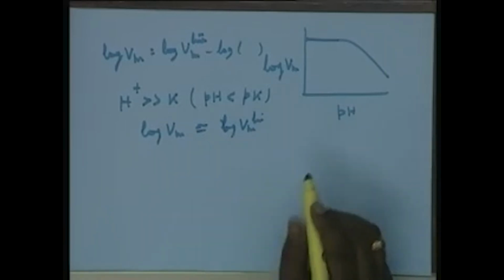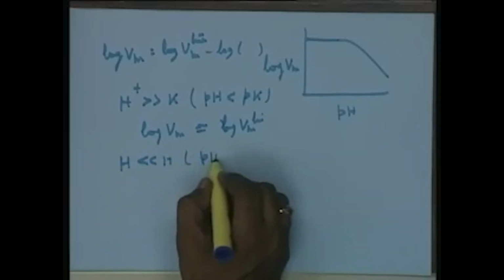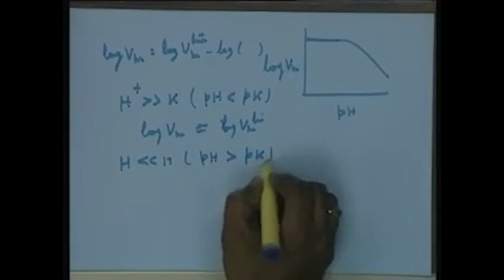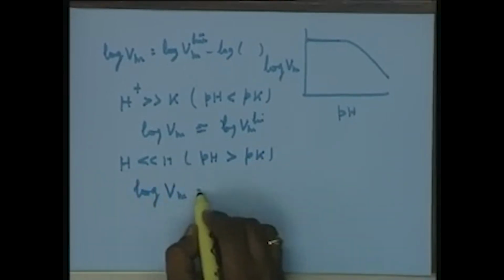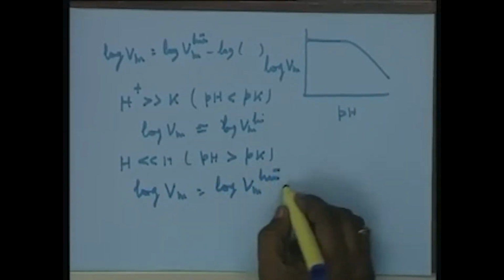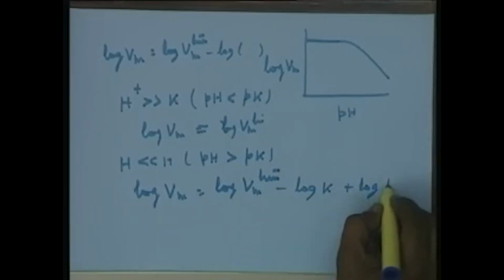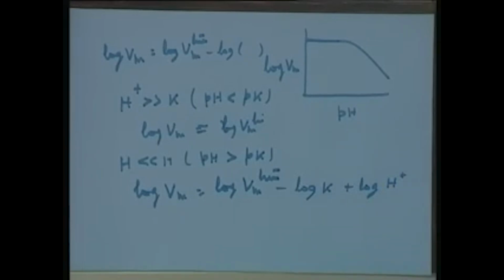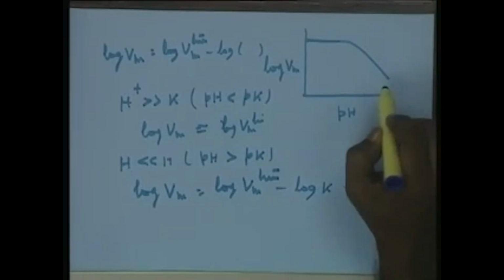Only when the hydrogen ion concentration becomes smaller than K, or pH becomes greater than pK, log Vm is equal to log Vm true minus log K plus log H.